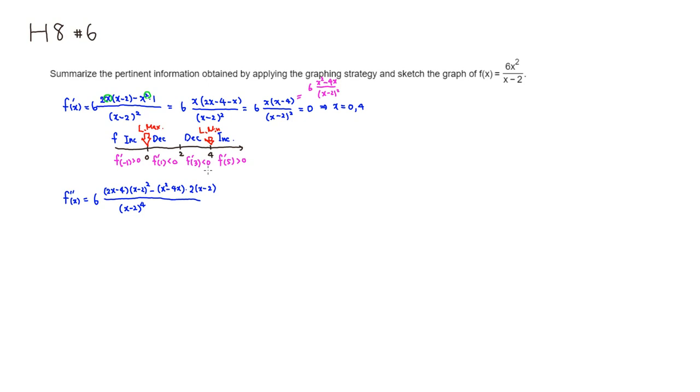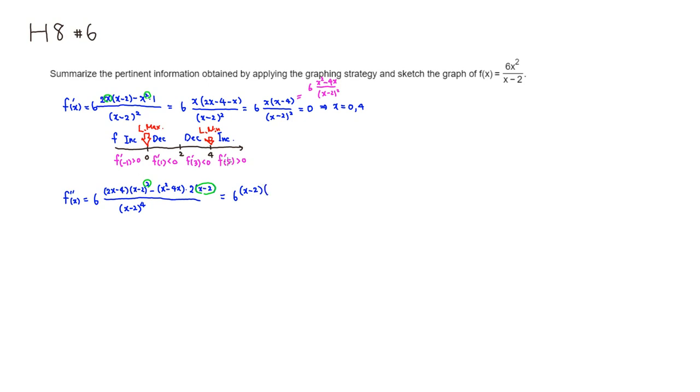All right, let's clean this up a little bit. So you have 6 is already there, and the common factor would be x minus 2 there, and also x minus 2 there, 2 of them right there. So I'm going to put x minus 2 there. All right, then what's left over would be, I'm going to have to multiply this out.